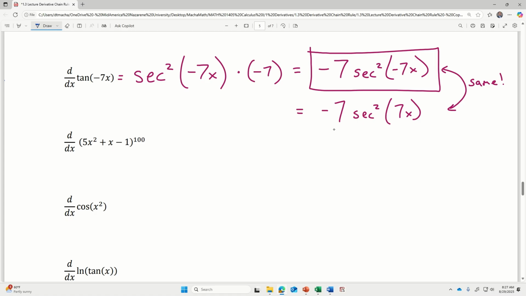Let's talk about this one. This is the derivative of 5x squared plus x minus 1 raised to the power 100. This time, what is my outside function?